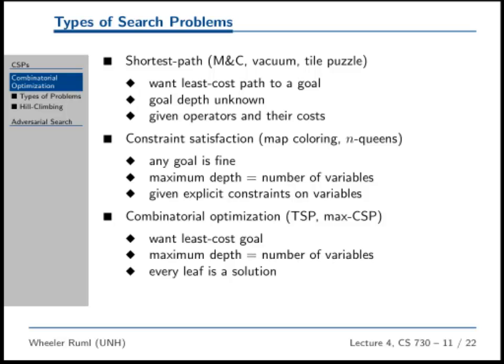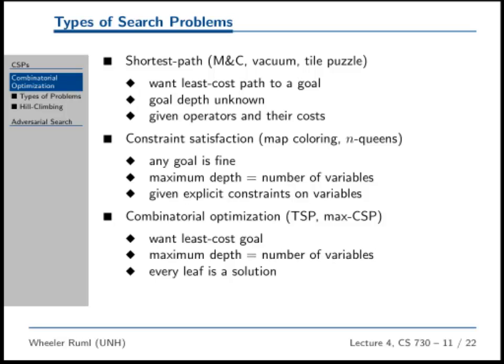It's a lot like constraint satisfaction, except instead of any goal being okay, having a very binary, like it satisfies the constraints or it doesn't, here we can talk about how costly it is. So in fact, in the real world, some problems are constraint satisfaction problems, but sometimes people talk about max CSP problems, which is, I can't satisfy all the constraints.